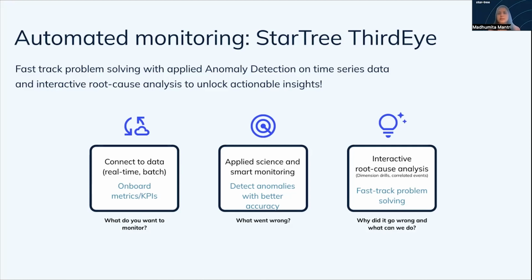The benefit is that, with most business metrics, even though you expect real time, a lot of the time you need some data from your stored data source, which is not real time, but you want to blend it and then detect anomalies on top of it. And StarTree ThirdEye does that very nicely because of the power of Apache Pinot. And the second pillar is applied science. I won't speak a lot about it.